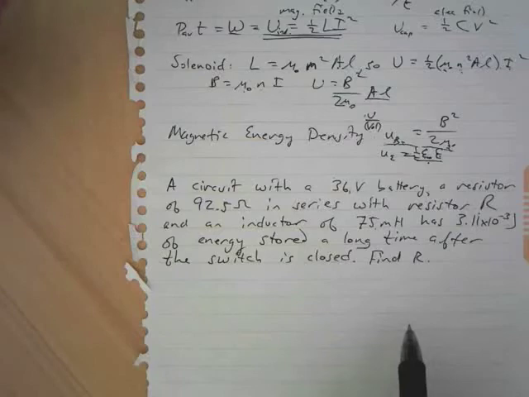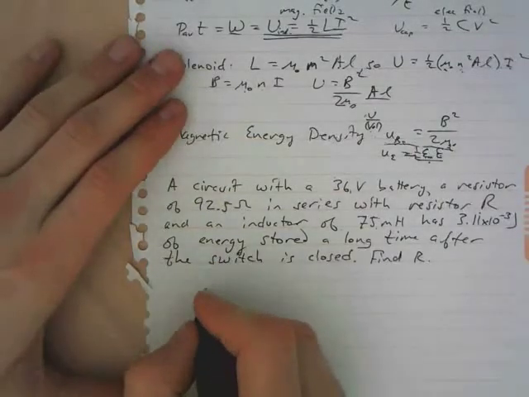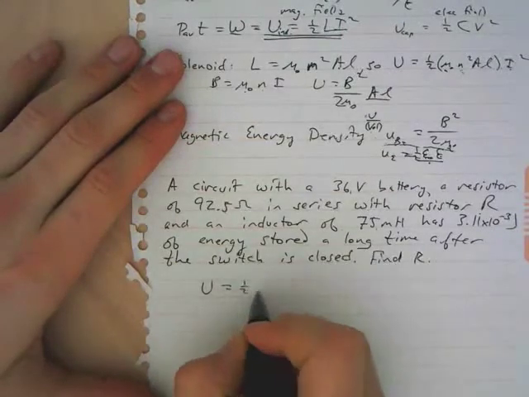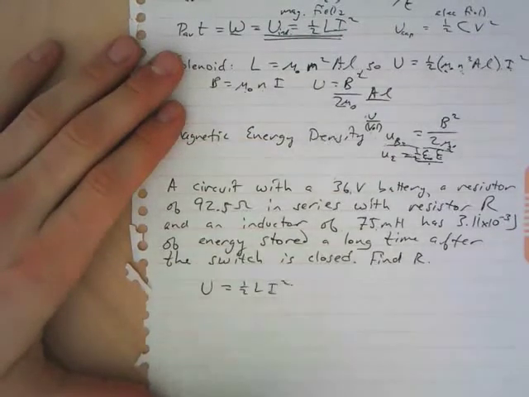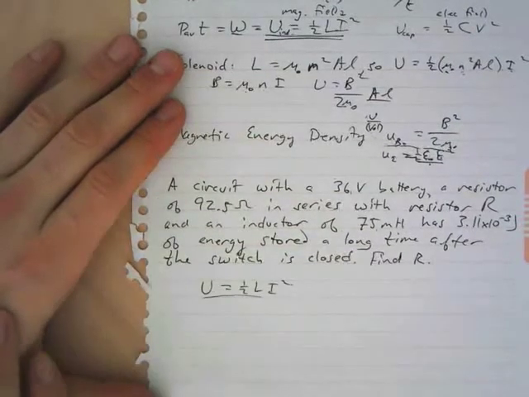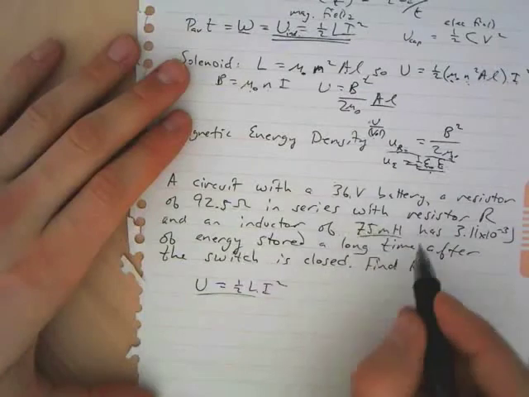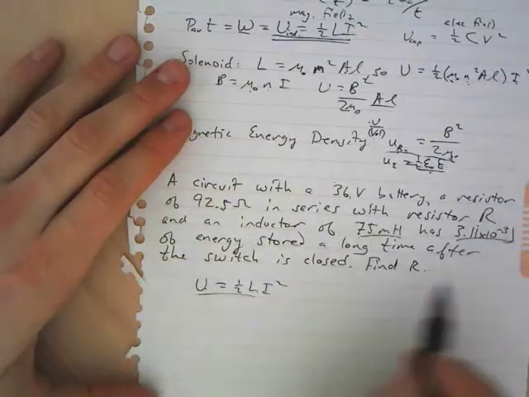We know that the energy stored in our inductor is equal to 1/2 Li squared, and so that will allow us to find the current because we know the inductance of the inductor, and we know the energy stored in the inductor.